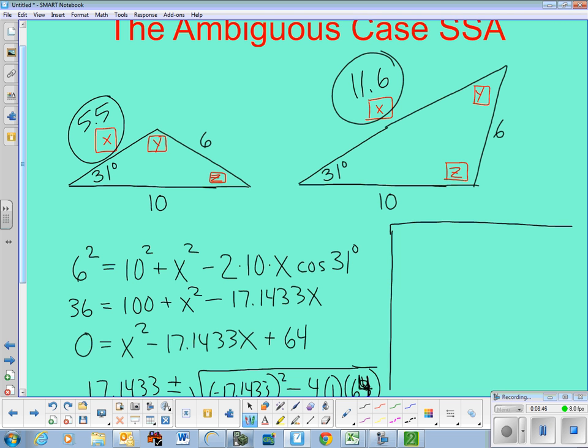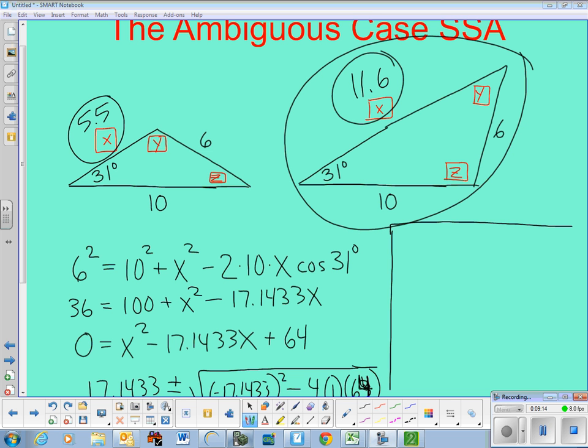Wait just a second. Let me start that question over. Let's say that I give you this triangle over here as the setup. And I say, okay, what is angle y?